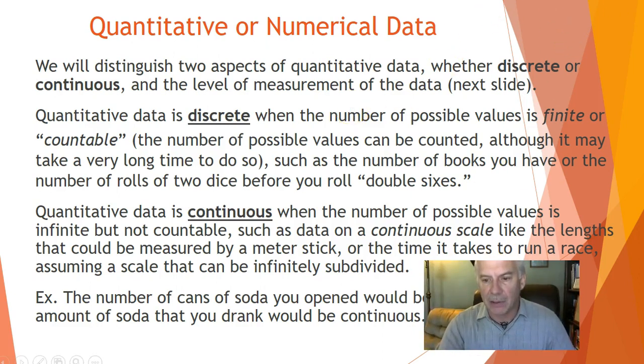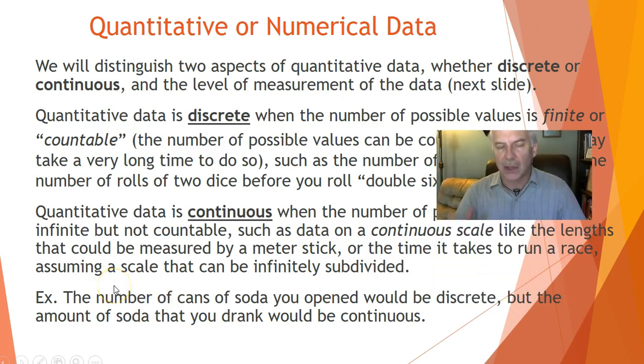Now here's an example of the two. The number of cans of soda that you open at a party could be discrete, because it's only going to be a certain number of cans that you've opened: 29 or 32 or whatever the number. But the amount of soda you or your party drank would be continuous, because some people might leave a partial can they didn't drink, so it could be any number between 0 and the highest possible amount of soda that you can get out of those cans.